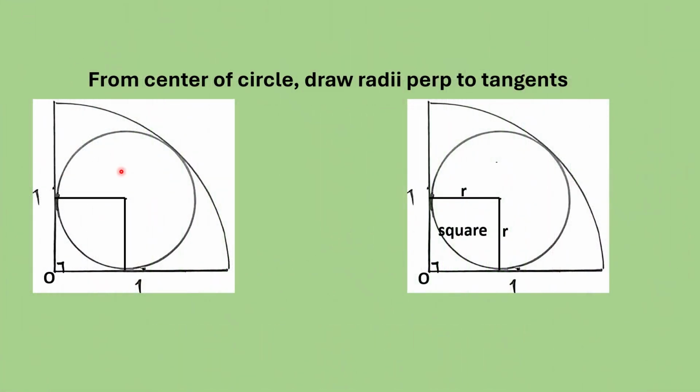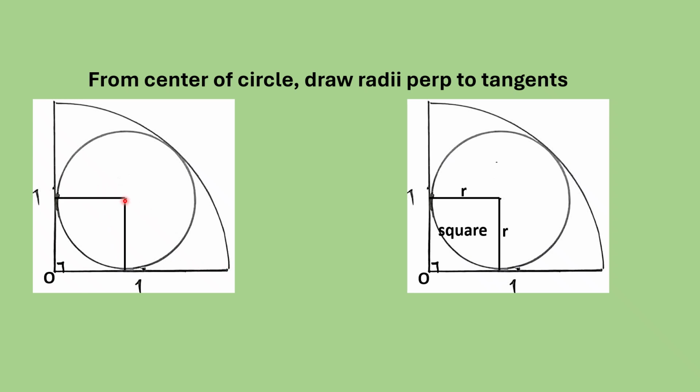Now from the center of the circle, full circle, draw the radii perpendicular to the tangents. The radii of the quadrant are actually tangents. The 1 unit radii, the two radii of the quadrant circle are actually tangents for the full circle.